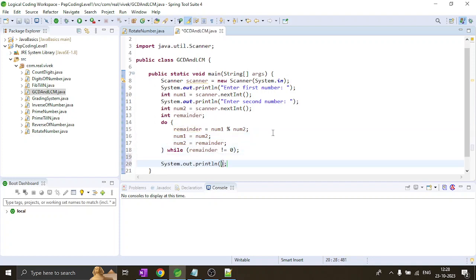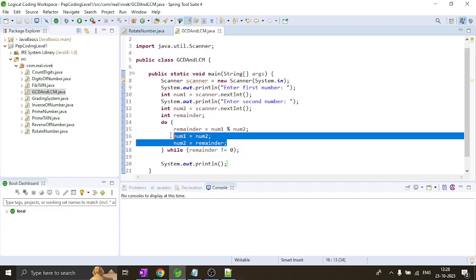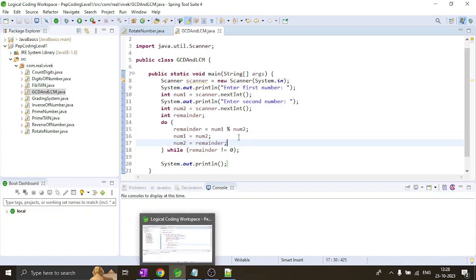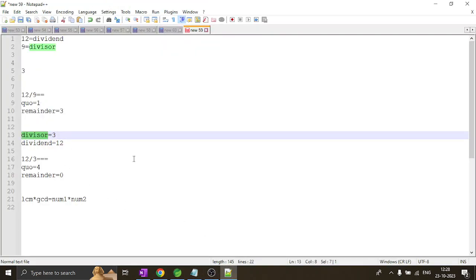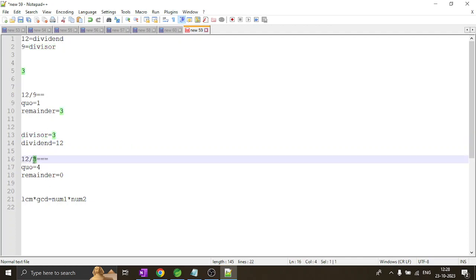Okay, let's try to print what will be the output here now. The output will be, for the first time, the divisor that we have, which is num2.